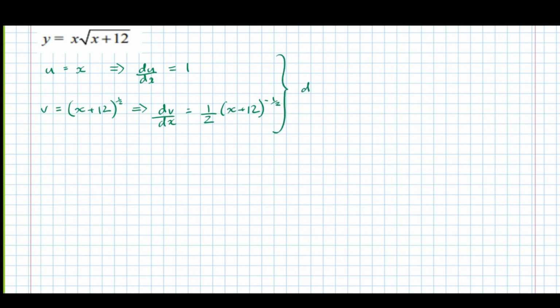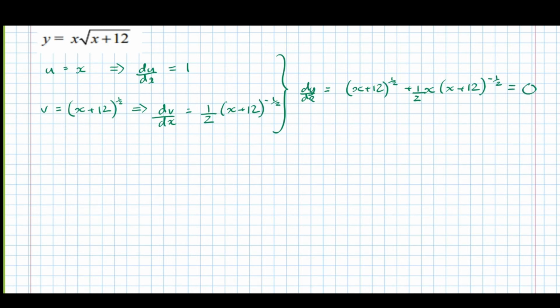So dy by dx equals v du by dx plus u dv by dx, which we know is equal to 0.